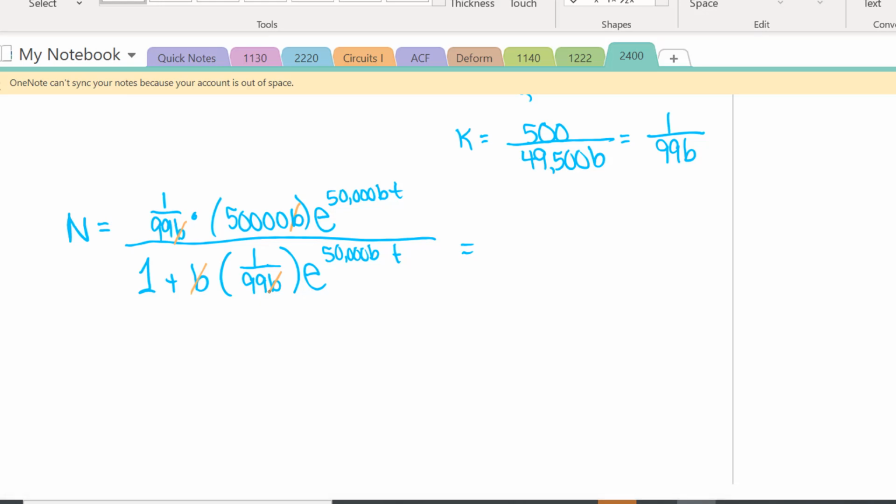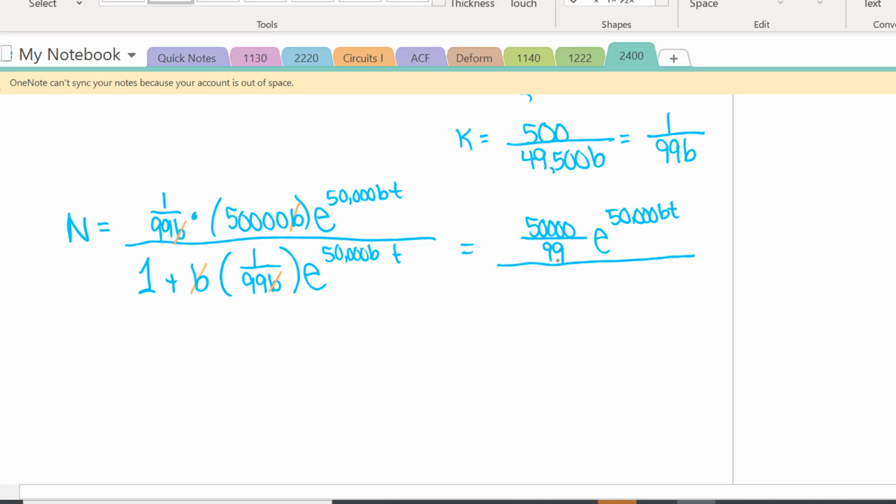And then, in the numerator, I'll have 50,000 over 99 e to the 50,000 bt, all over 1 plus 1 over 99 e to the 50,000 b times t.